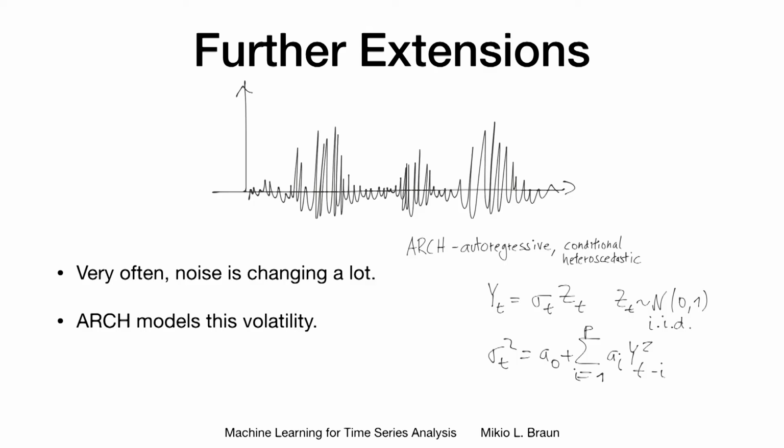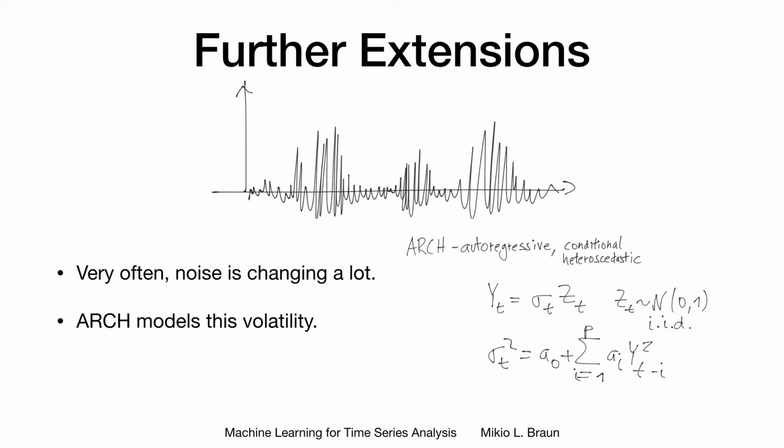All right. Before we close this chapter, I just want to give you an idea what other kinds of models have been developed classically. There are two extensions I wanted to mention. One is that very often you have data which changes a lot in variance. I said before that if the data has a trend, moving up and up, you could take a logarithm to get the noise back to a normal level.